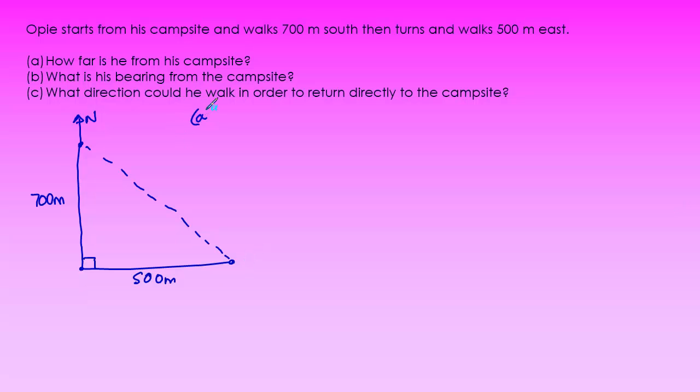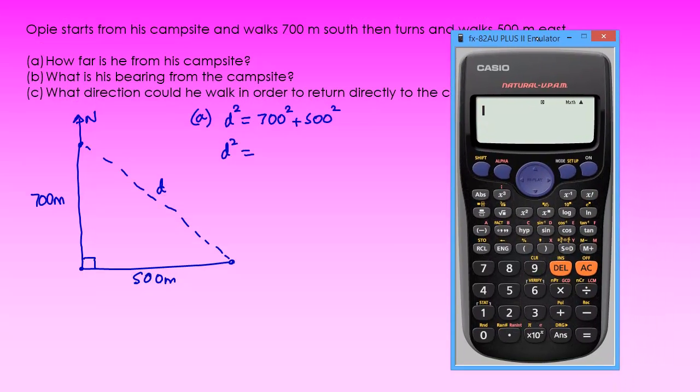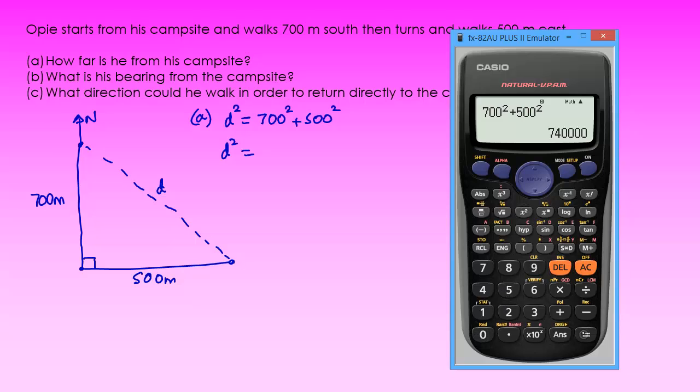So for part A we want this distance here, and we can use Pythagoras' theorem. So d squared would be equal to 700 squared. Note that the d is the hypotenuse of this triangle. Add 500 squared. So let's just calculate that. So that's 700 squared, add 500 squared.